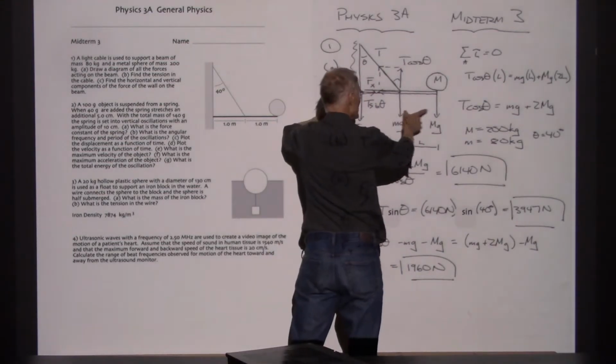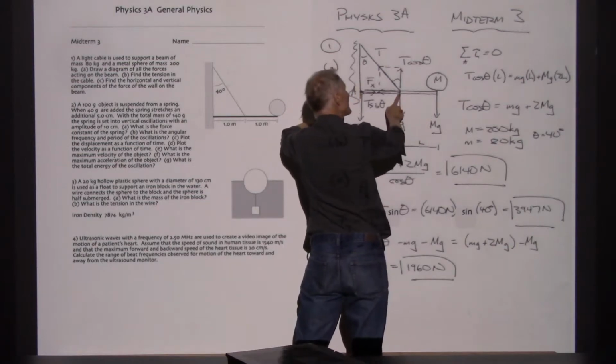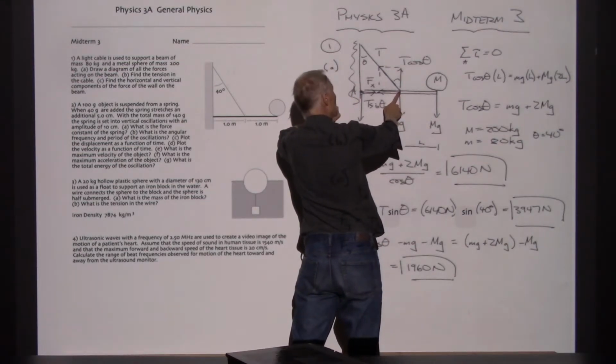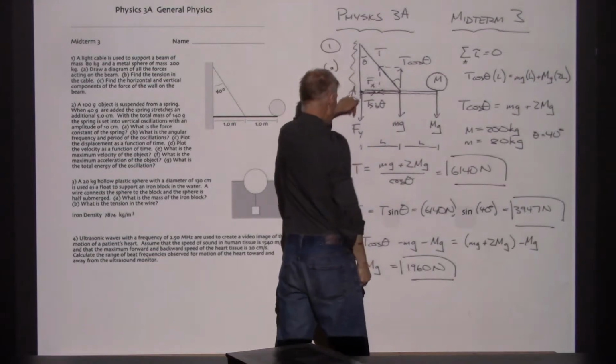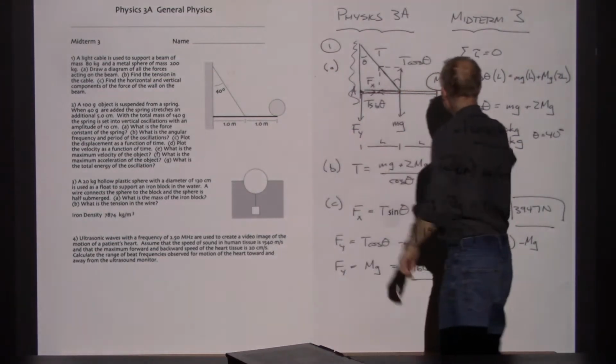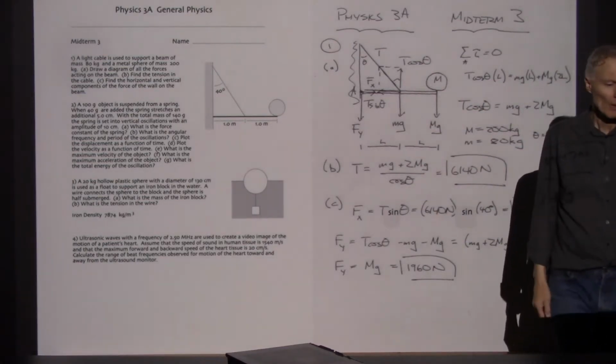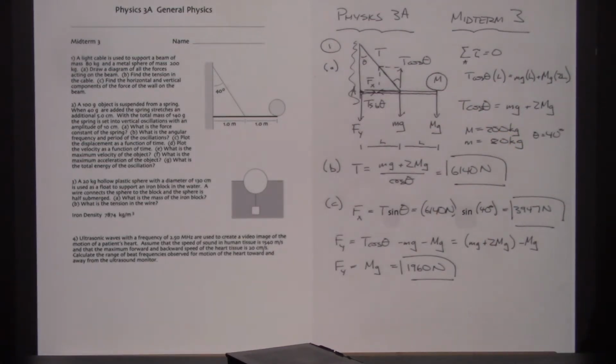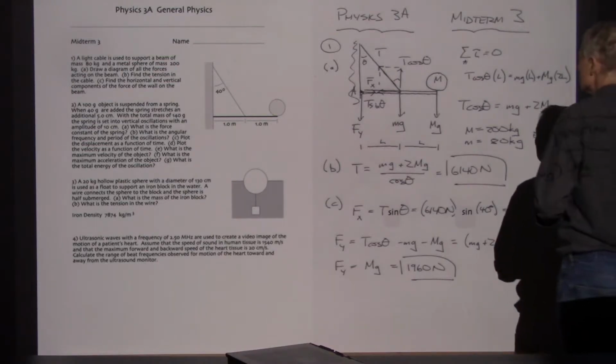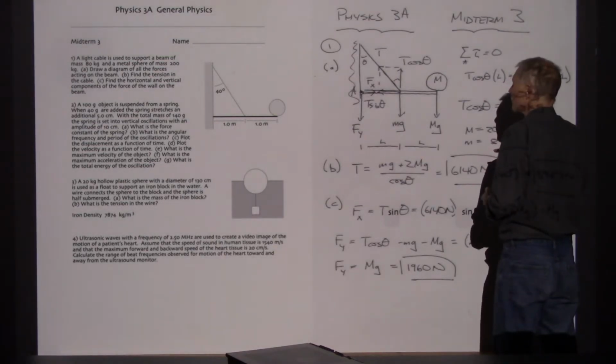These lever distances are actually the same. If I'm thinking of rotations around the center point, I would need a force Y that would balance out the mg, so that's what I went with. If it's wrong, it'll show up because when I calculate the force, I'll get a negative sign. So I know that if I remain consistent all the way through the problem, everything's going to be fine. So I did this.